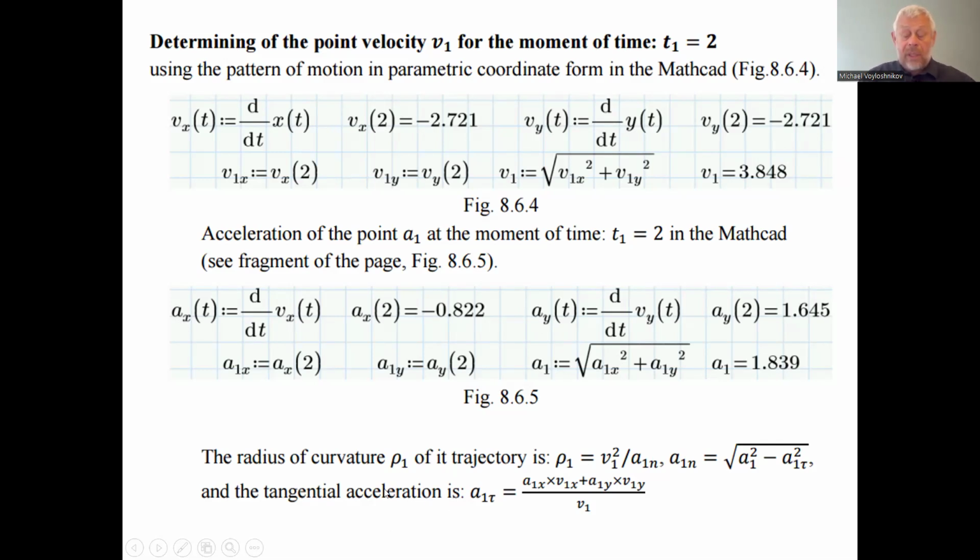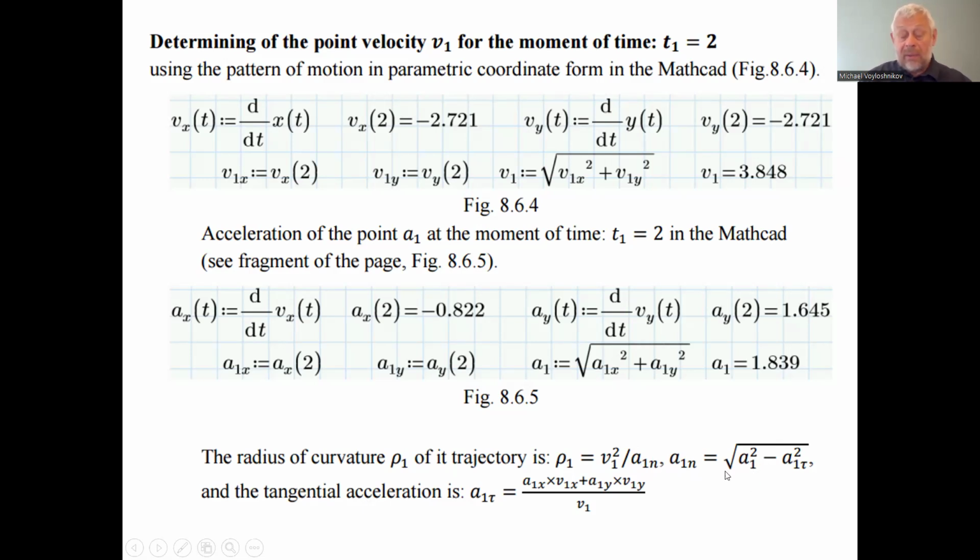Okay, so next we have to find the radius of the curvature. We can find the radius of the curvature using the formula rho for the definite time exactly. We have assigned time 2 seconds. So we have the normal acceleration as a square root, again by the use of the Pythagorean theorem: the square root of the difference of the squares.